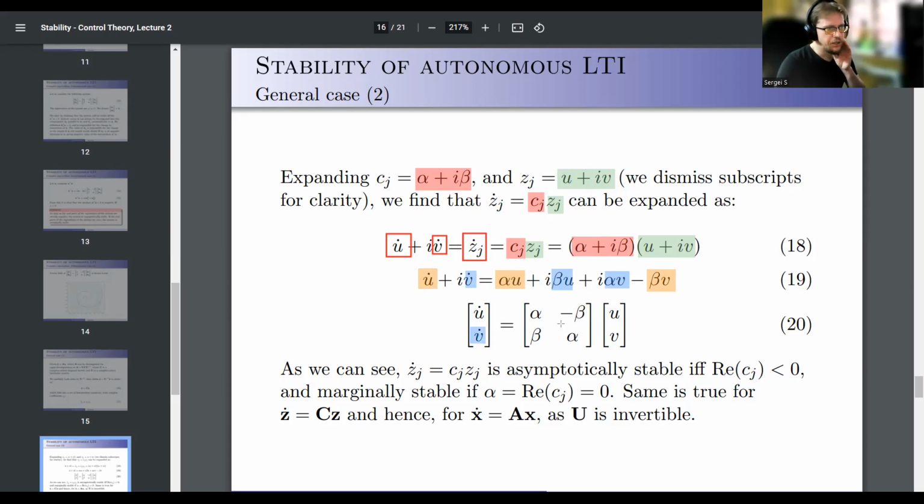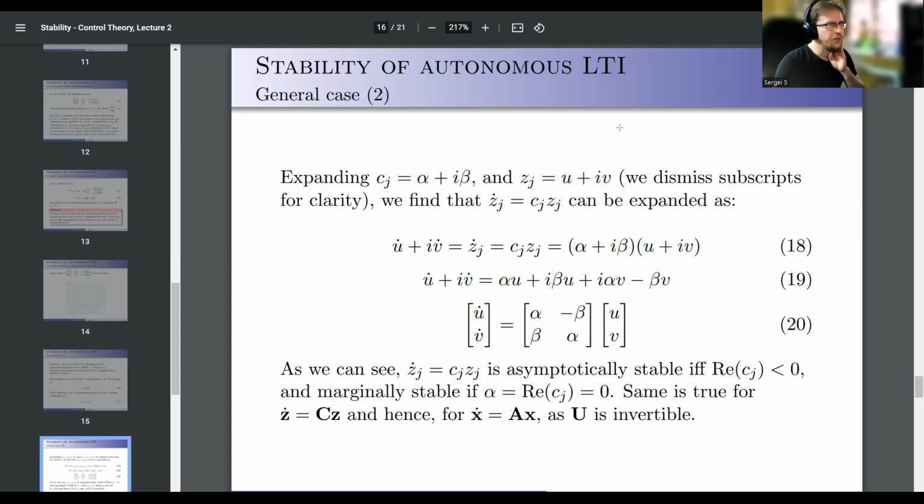What is the imaginary part? Well, it is beta times u, and it is alpha times v. So this and this. We can collect the real parts, which is u dot here. This is alpha times u minus beta times v. It is here and here.